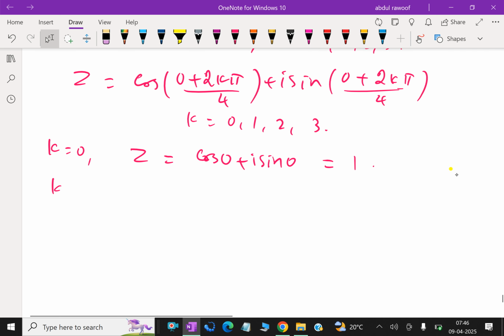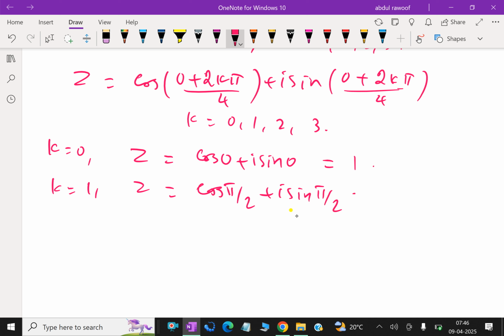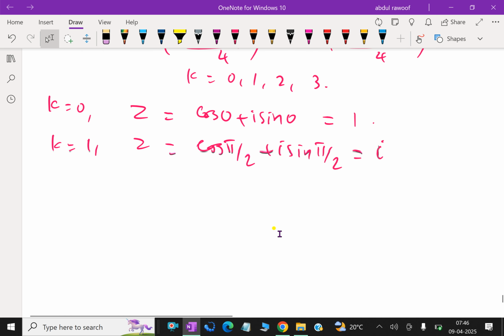Then k = 1: 2π/4 is π/2, so z = cos(π/2) + i sin(π/2). Cos(π/2) is 0 and sin(π/2) is 1, so z = i.